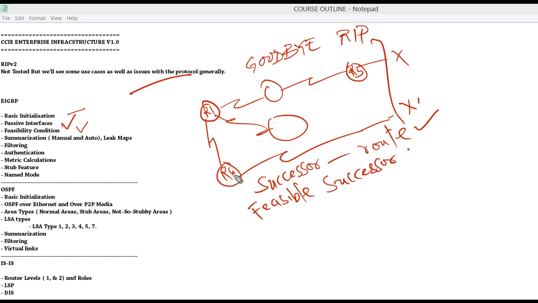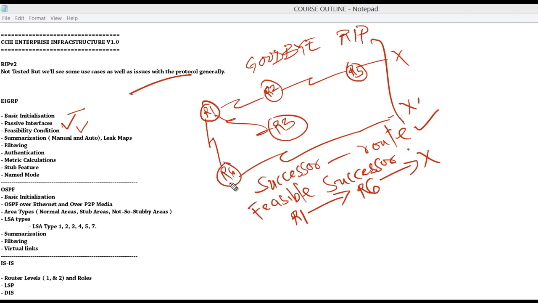So if R1 wanted to go to network X now, it will be from R1 to R6 to network X. Now this is the best route, but also R1 in its EIGRP topology will include the route from, I did not label this router, let's call it R2, and let's call this R3. We'll have the route via R2 to R5 to network X in this topology table.